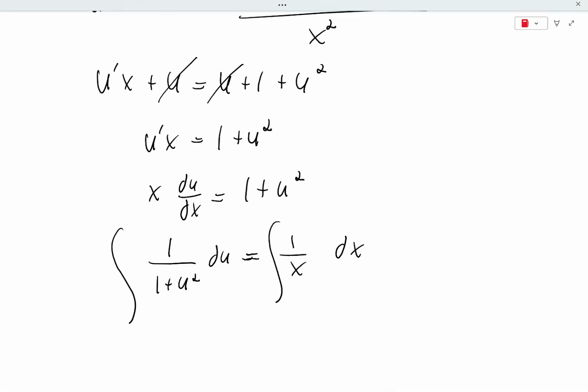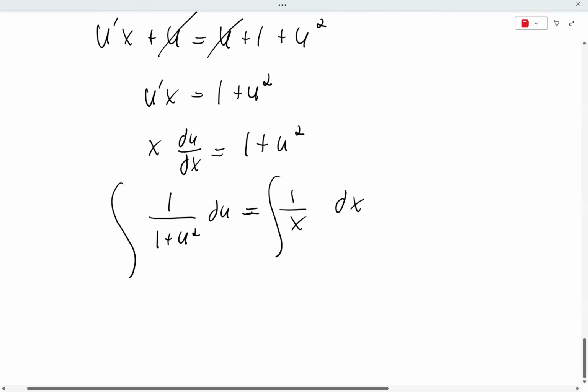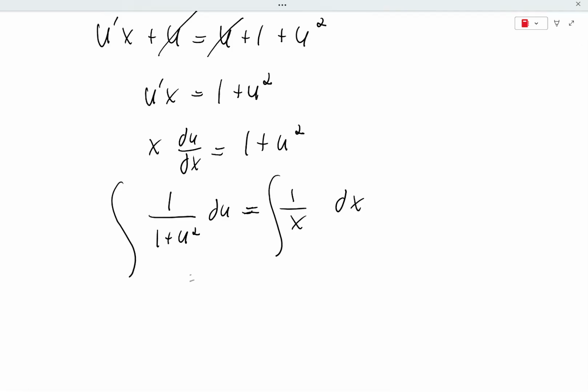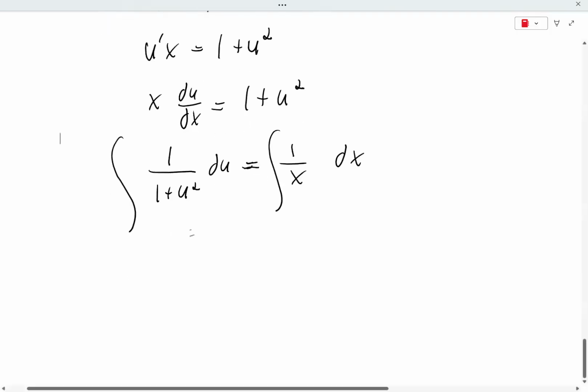This antiderivative here, it's been a long time. Anybody know that offhand? It's inverse tangent. If you need that, it'll be on a sheet somewhere.